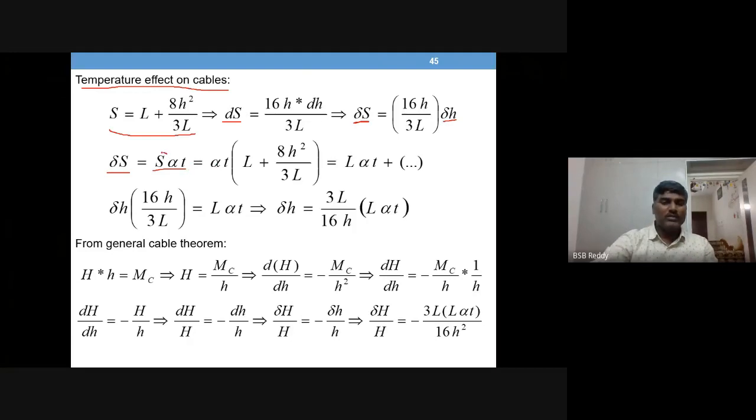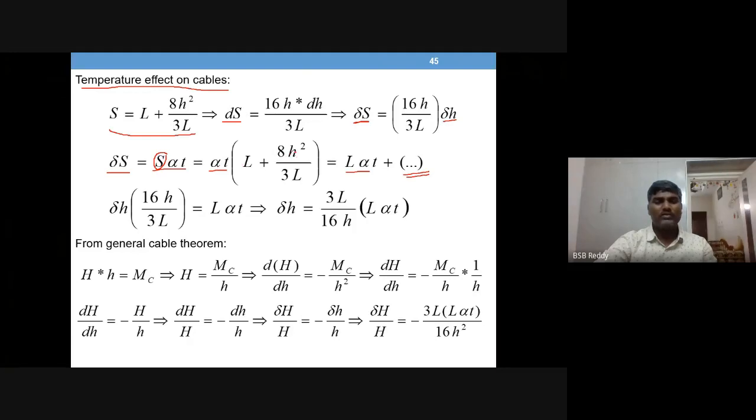What is S? You will substitute it now: L plus 8h square by 3L, so alpha into T will be outside. Now you send alpha into T inside, so it will be L alpha T plus the other term, alpha into T into 8h square by 3L, which has a negligible value.